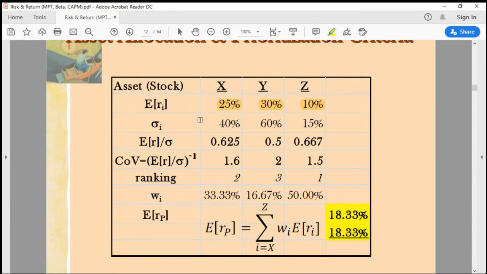That's how you do it. I is just a representative placeholder, just like n, where you are actually replacing n with a specific time. So expected return on X is 25%, on Y is 30%, on Z is 10%.